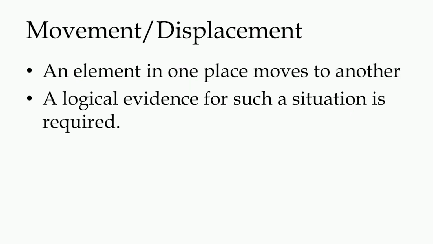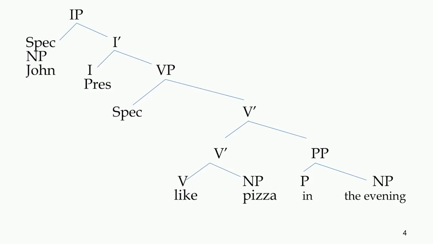And we can demonstrate this phenomena of movement in a nice way, for us to understand the underlying pattern. So an element in one place moves to another is the fundamental definition of movement. And what are such elements and what are the positions?